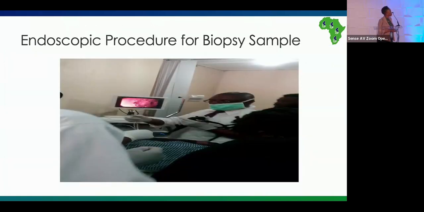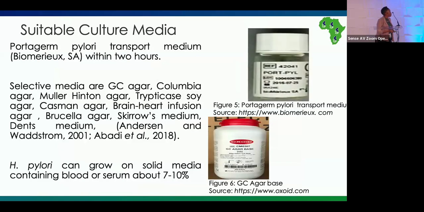Here is the endoscopic unit at LASUT. Professor Oyekwere taking biopsy from one of the patients. And then we have different selective and non-selective media that can be used for H. pylori culture.